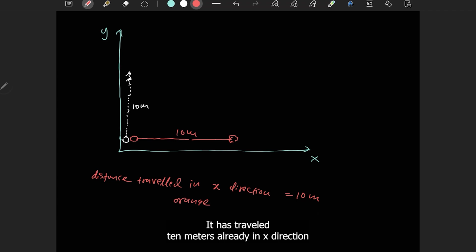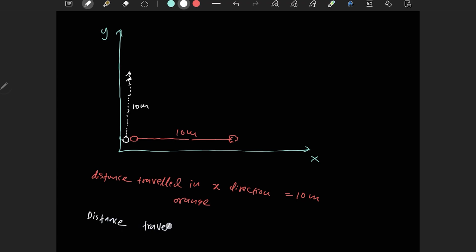It has traveled 10 meters already in x direction, and now the distance traveled by my white color object in y direction is 10 meters. And here it's crystal clear.